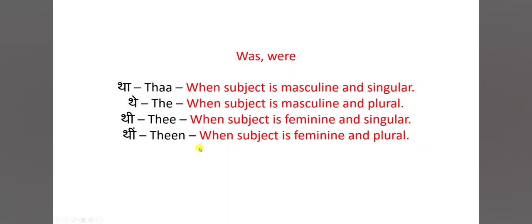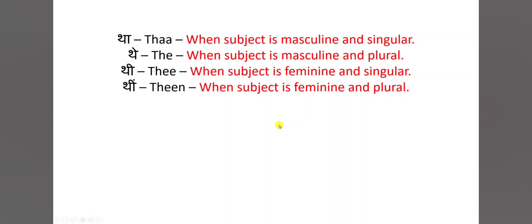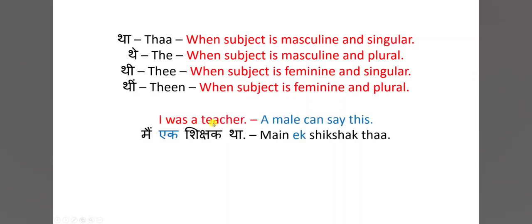Alright? Now let me take an example and explain you how to use these. I was a teacher. If a male wants to say this, then he has to say मैं एक शिक्षक था. मैं एक शिक्षक था in Hindi. मैं is I, एक is a, शिक्षक is teacher, था is was.